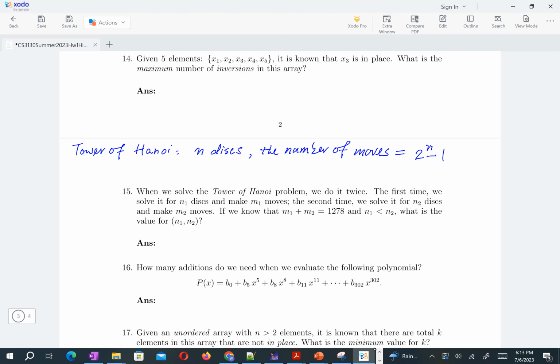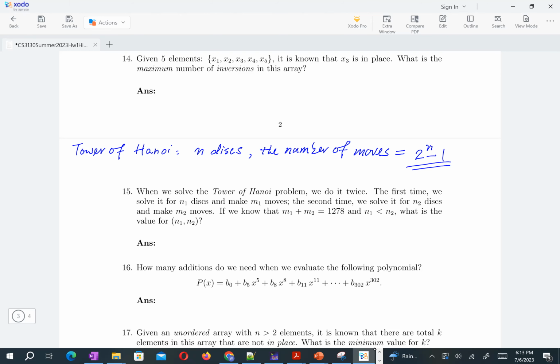Okay. The number of moves you need to solve it using our recursive algorithm, you will get this number of moves, 2 to the n minus 1.